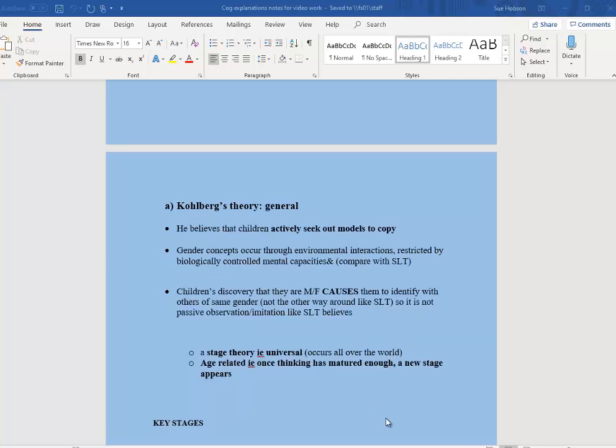In terms of an essay question, you should start with some background information. For example, that Kohlberg believes that children actively seek out role models to copy. This is through the environment, but there are biological restrictions.